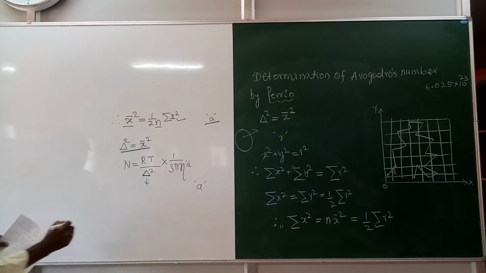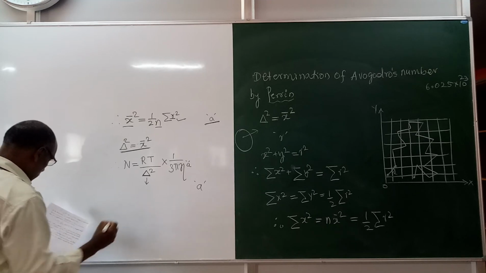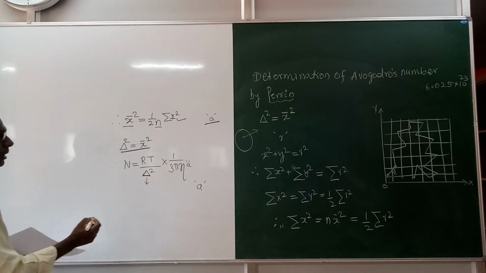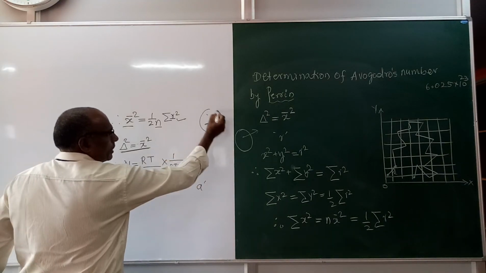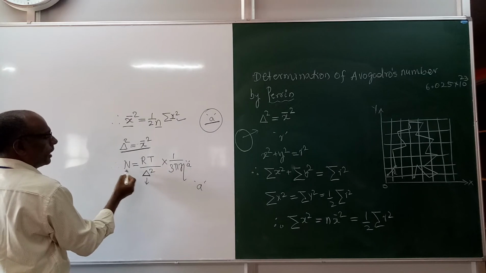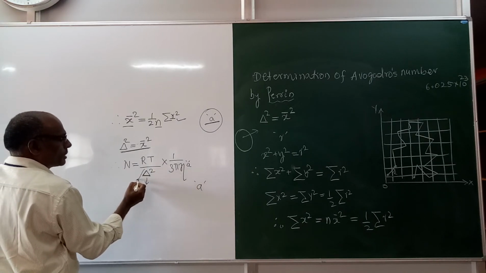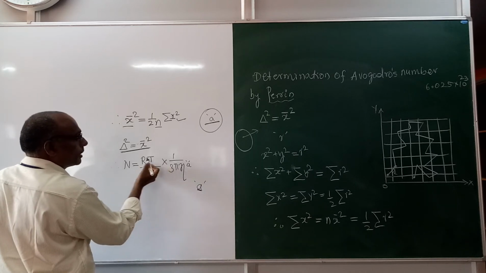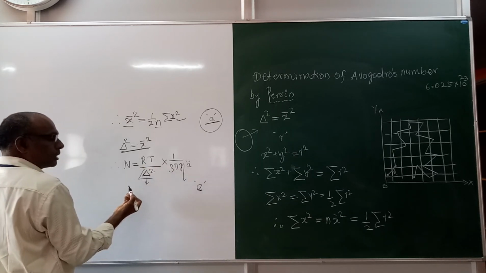Through this simple experiment, which for us looks simpler, but when we do it, it is not that easy, he determined the diameter of a particle and then the mean square displacement of a particle experimentally. The other parameters are fixed or constant.